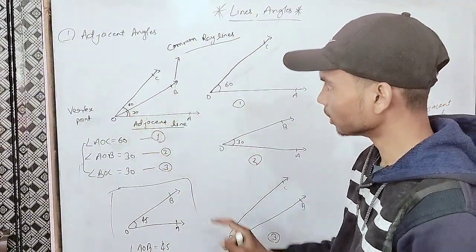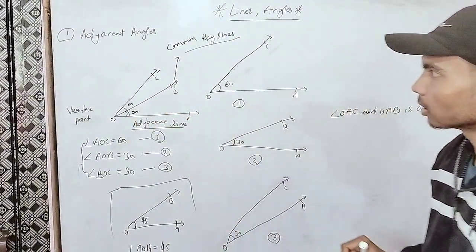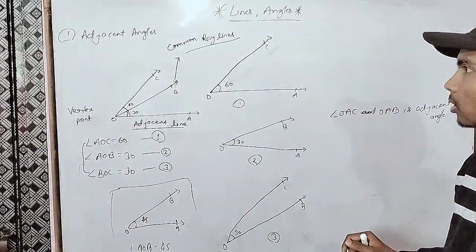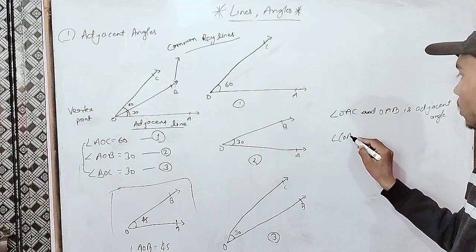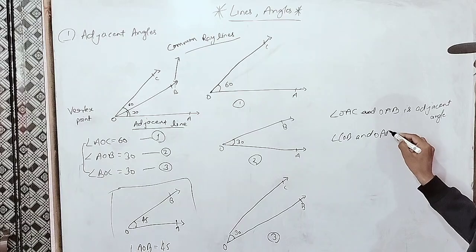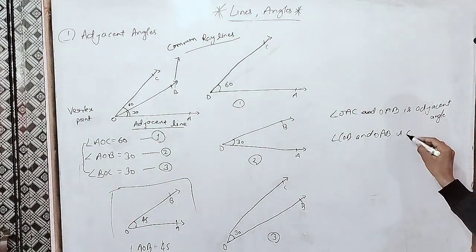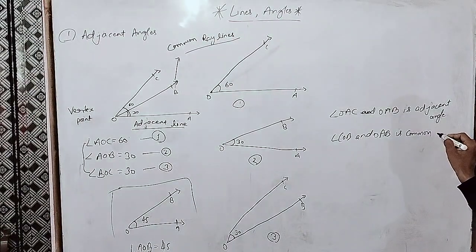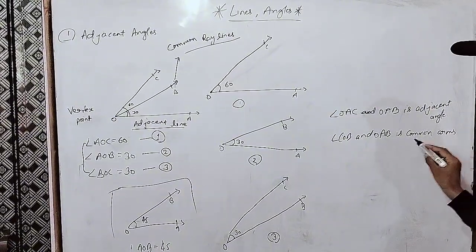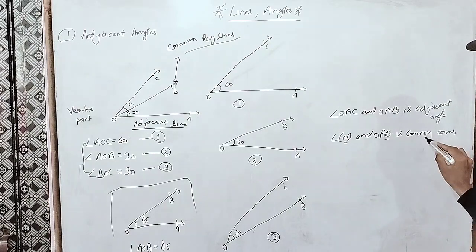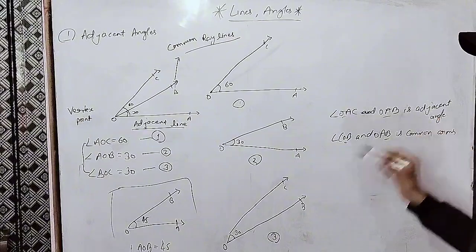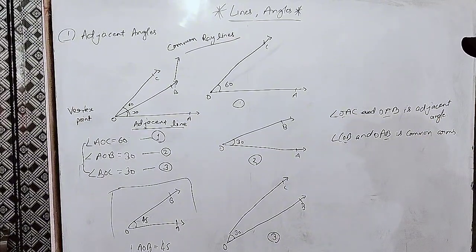But COB and then AOB: angle COB and angle OAB are what? Common arms. So OB is the common arm and OA is adjacent. Clear?